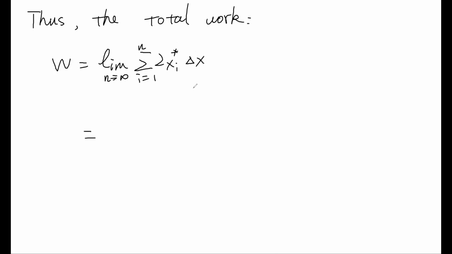And this is the Riemann sum. When you take the limit, the sum becomes an integral. The 2 xi star is replaced by 2x, and delta x is replaced by dx.